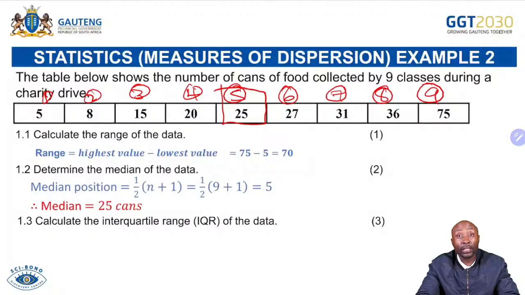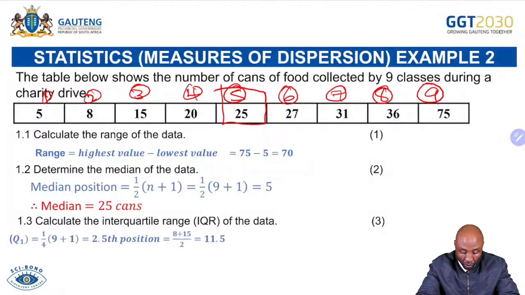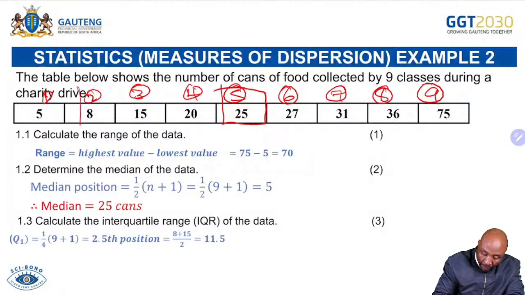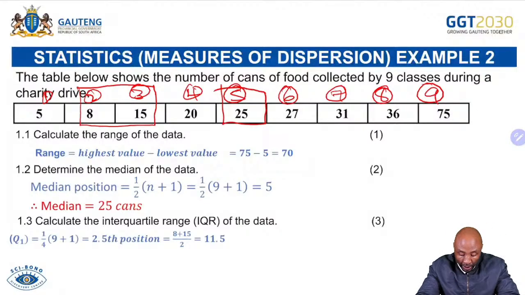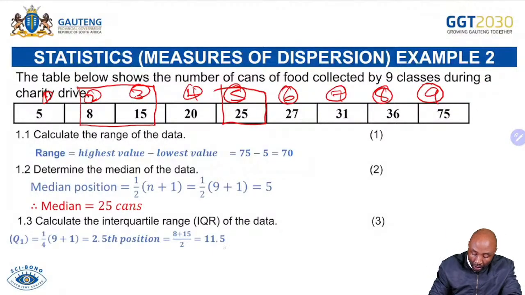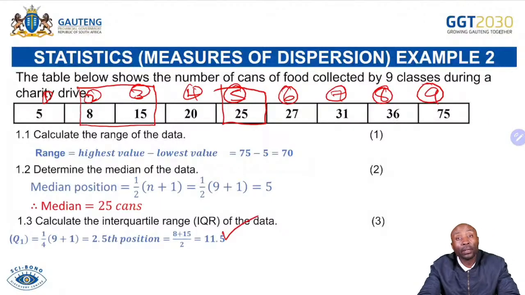The interquartile range will require us to calculate Q1, and that will give us 1 over 4 times n plus 1, which is 9 plus 1. 1 over 4 of 10 will give us position 2,5. So we will take the data item in position 2 and position 3. We add them together, divide by 2. Our Q1 will be 11,5.